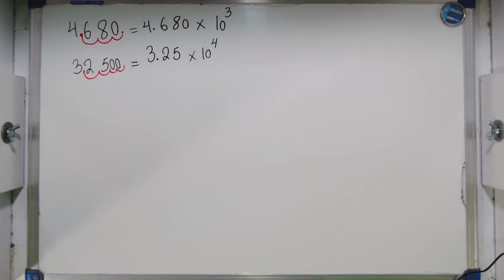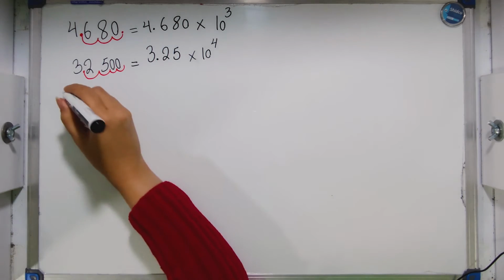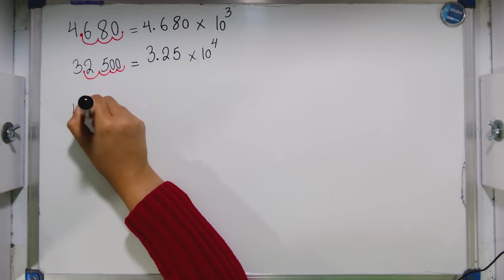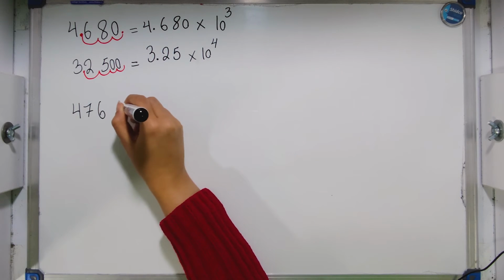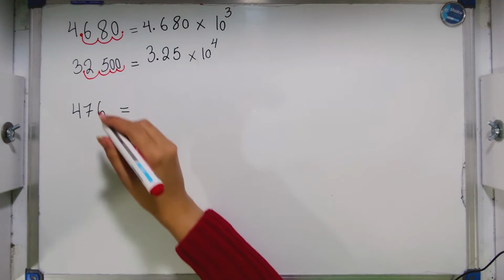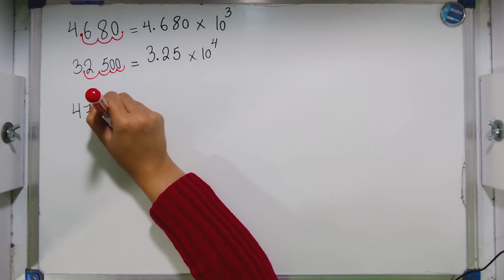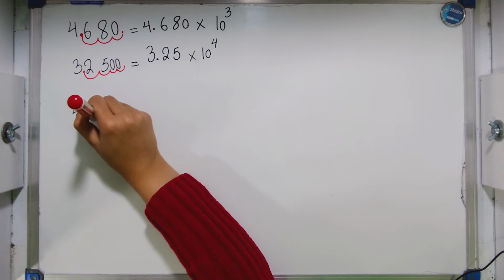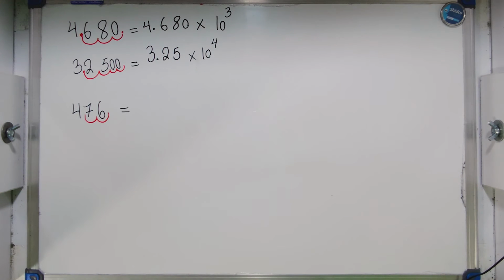Another example, I have 476. So I'm going to change it to scientific notation. The decimal is here. I move it by 2 because it has to be between the first two digits, between 4 and 7 here.